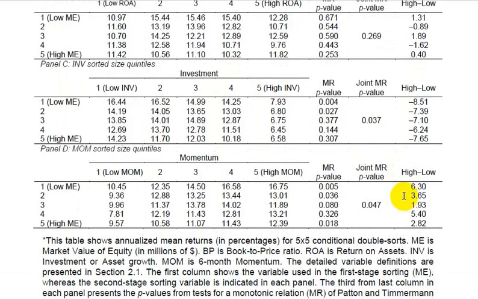So next we have the momentum effect. And prior studies have shown that past winners tend to outperform past losers. And we see that to be the case across all size categories, where the highest momentum stocks outperform the lowest momentum stocks.